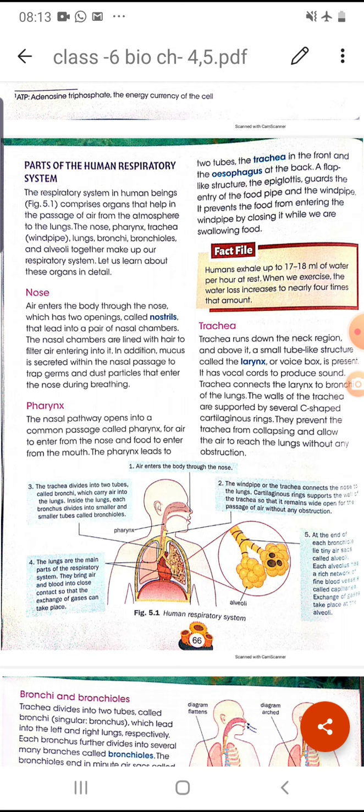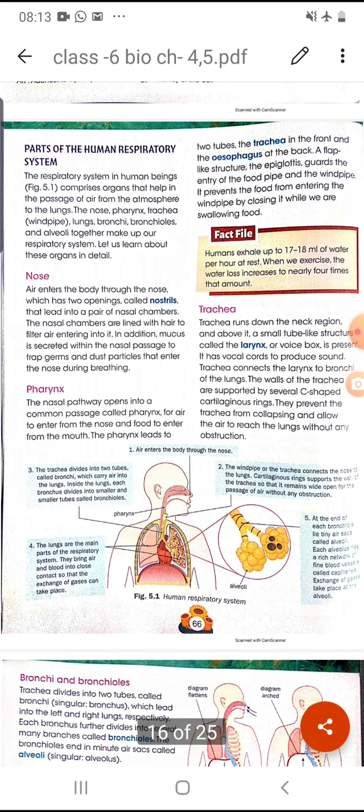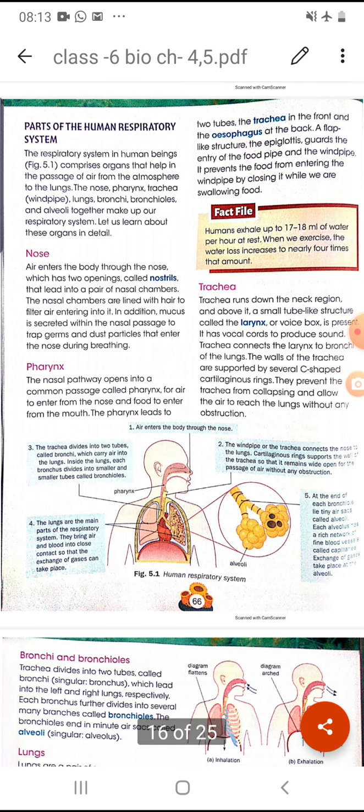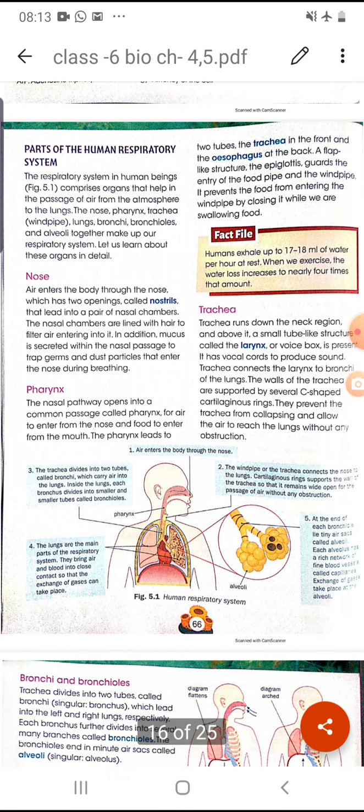It has vocal cords to produce sound. So the larynx or voice box produces sound. The trachea connects the larynx to the bronchi of the lungs, meaning the next part.